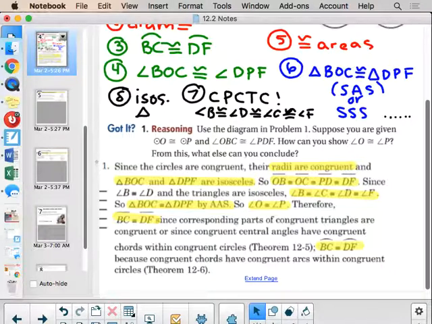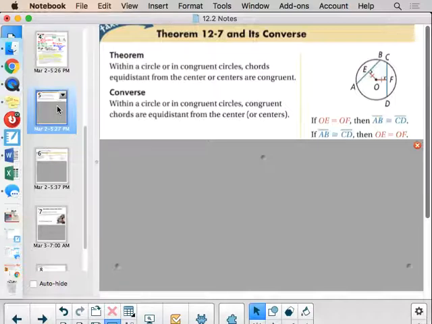All right, back to the theorems. Sorry about this. All right, so this one. The whole topic I'm starting off with, if you haven't caught on, is it's always within a circle or congruent circles. So, if chords are the same distance away from the center, then the chords are congruent. Okay?